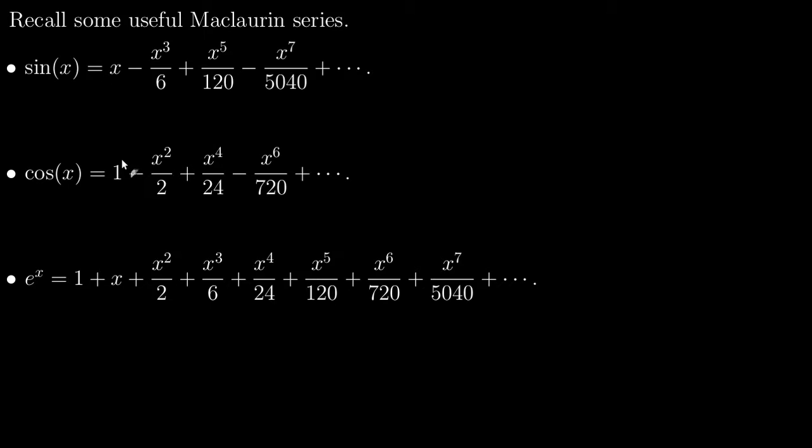So I have x, x squared over 2, x cubed over 6, x to the 4th over 24, x to the 5th over 120, x to the 6th over 720, x to the 7th over 5040. But the signs aren't always the same. Cosine and sine alternate, whereas e to the x is positive all the way through. So how do we wrap this up?